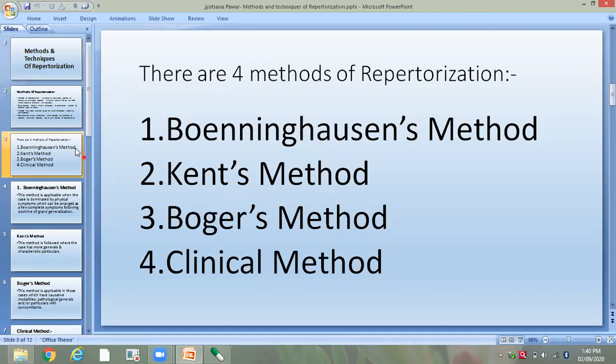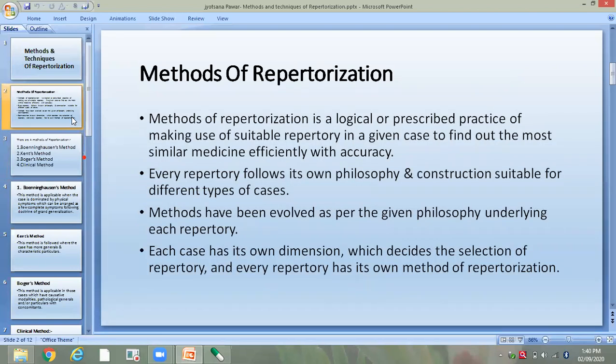So in this way, according to the philosophical background, we select the repertory, and according to the same philosophical background, we also select the method of repertorization. So we are able to reach towards the proper cure. Do you all understand? Is it clear?